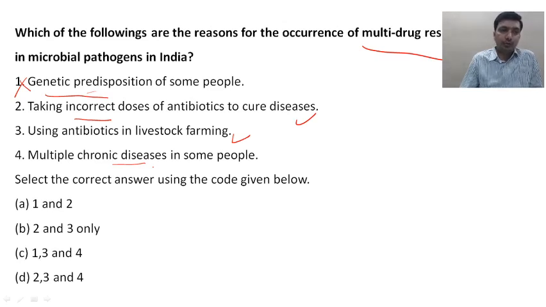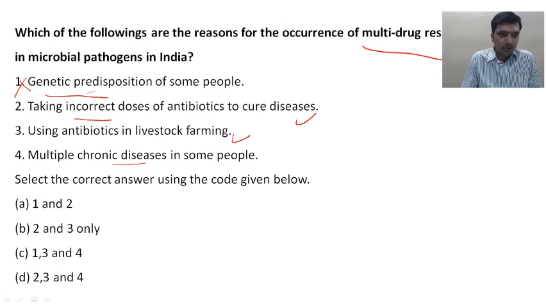We are more and more prone to infections. You may happen to take antibiotics frequently, and when you take antibiotics frequently, there's a higher chance that you're becoming a breeding ground for developing antibiotic resistance. So I feel 2, 3, 4 are the right statements.